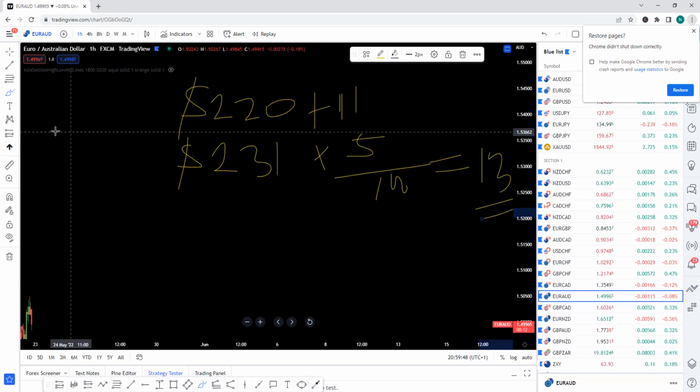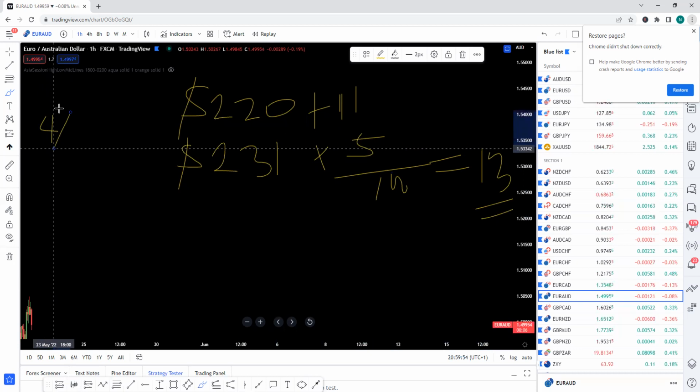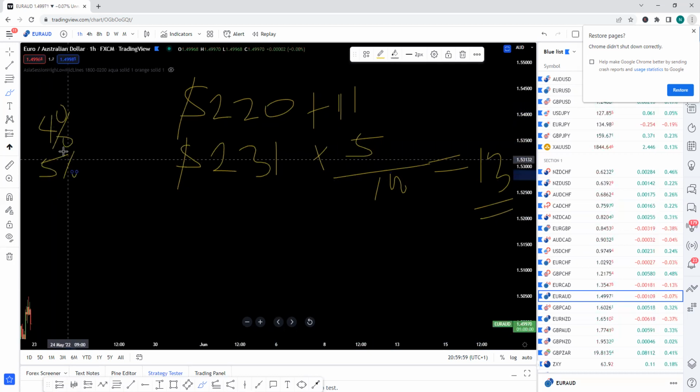So $13, you can divide it by 3, guys. So let's say per trade, you are going to risk 4%, another trade 5%, another trade 4%. Can you see? 3 trades, you are going to spread it.